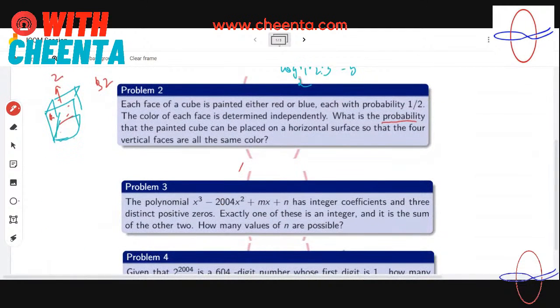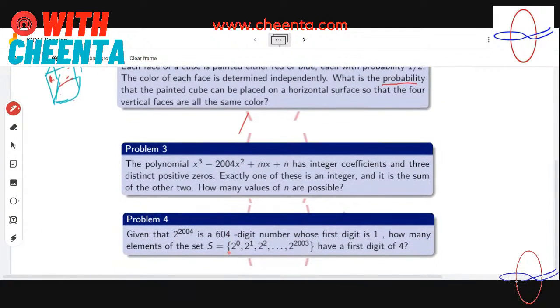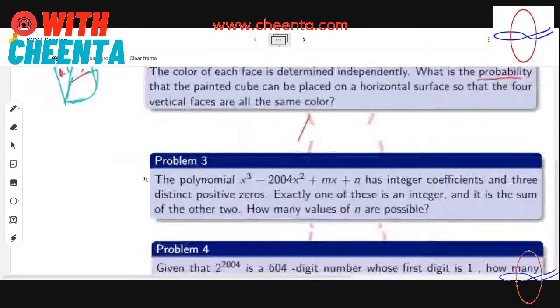The next problem is again a polynomial one. It's again a counting one, I guess. The polynomial x cube minus 2004 x square plus mx plus n has integer coefficients and 3 distinct positive zeros. Interesting.